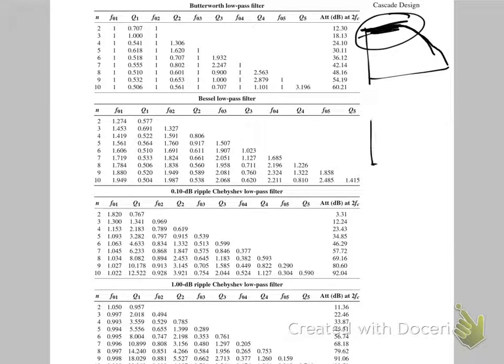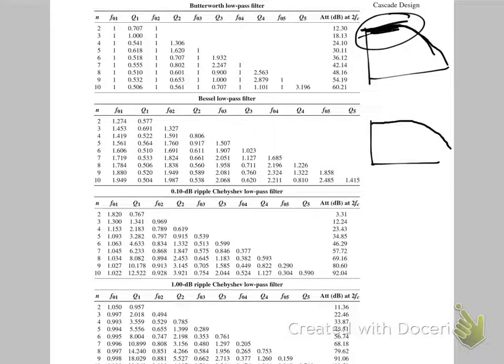Your Bessel looks like your Butterworth, but it has a lower cutoff than your Butterworth. Your Bessel is very relaxed, like just strolling around doing its job.